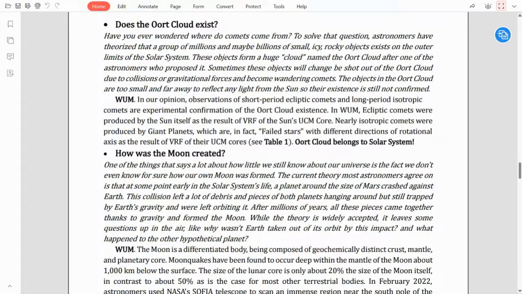This collision left a lot of debris and pieces of both planets hanging around but still trapped by Earth's gravity and were left orbiting it. After millions of years, all these pieces came together thanks to gravity and formed the moon. While the theory is widely accepted, it leaves some questions up in the air, like why was Earth not taken out of its orbit by this impact? And what happened to the other hypothetical planet?